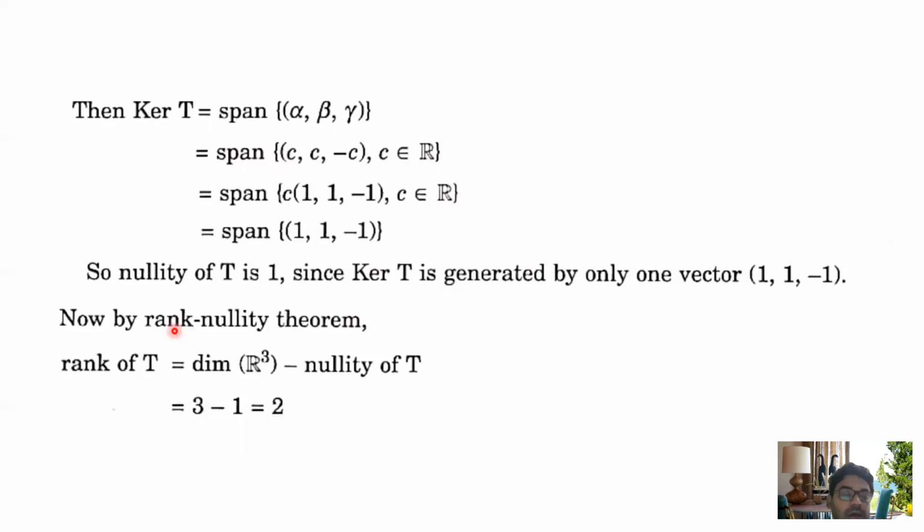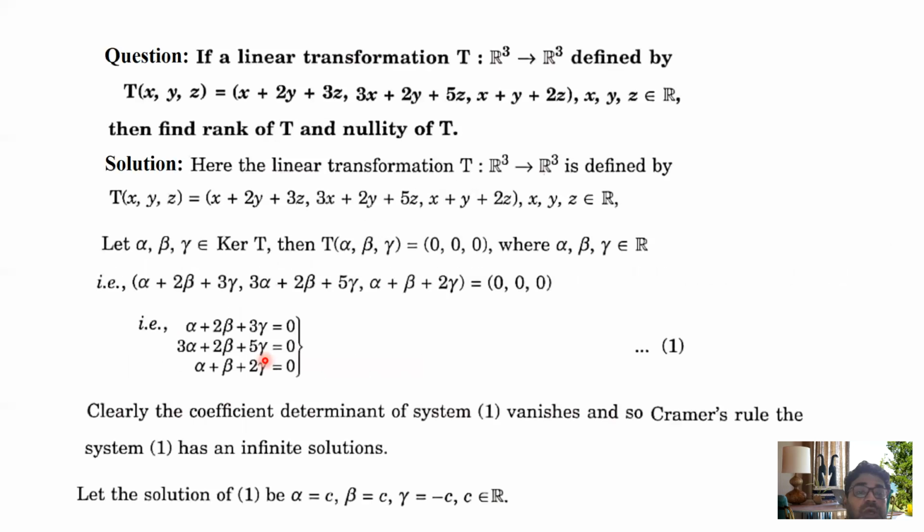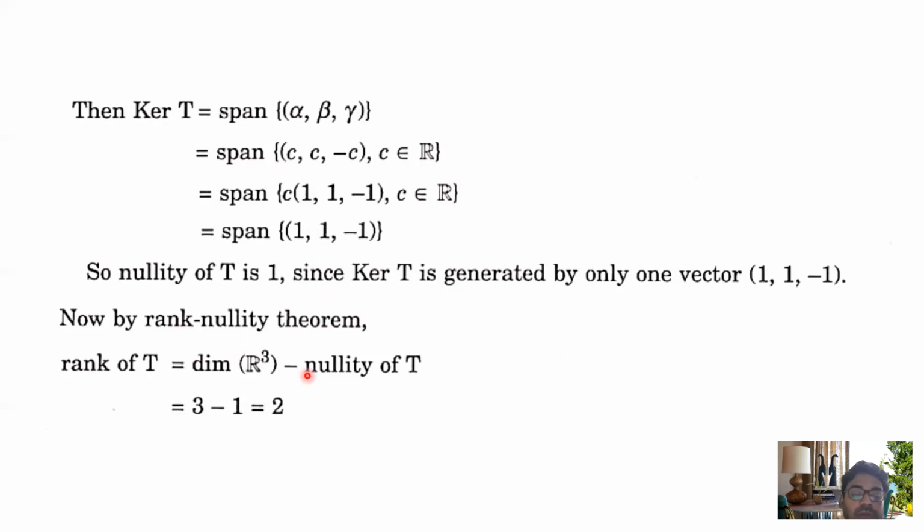Now by the rank-nullity theorem, rank of T plus nullity of T equals the dimension of R3. The dimension of R3 is 3, because T is defined from R3 to R3, three dimensions. So 3 minus nullity of T equals the rank of T, which is 2.